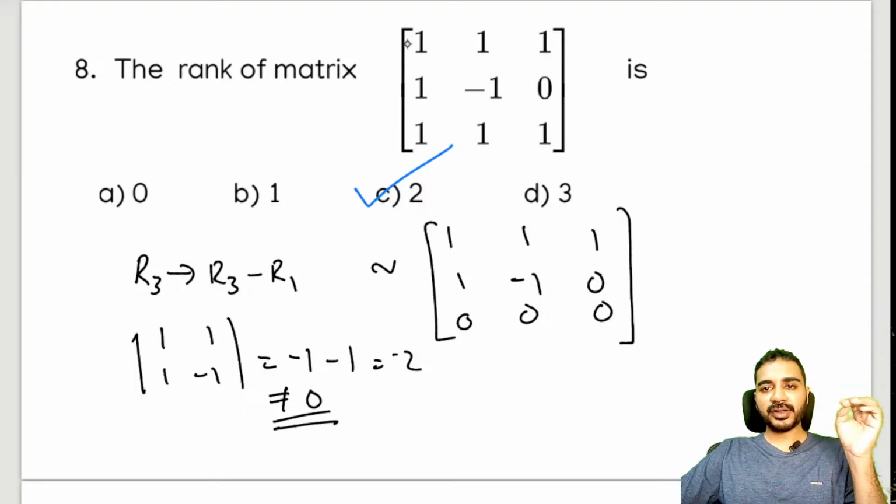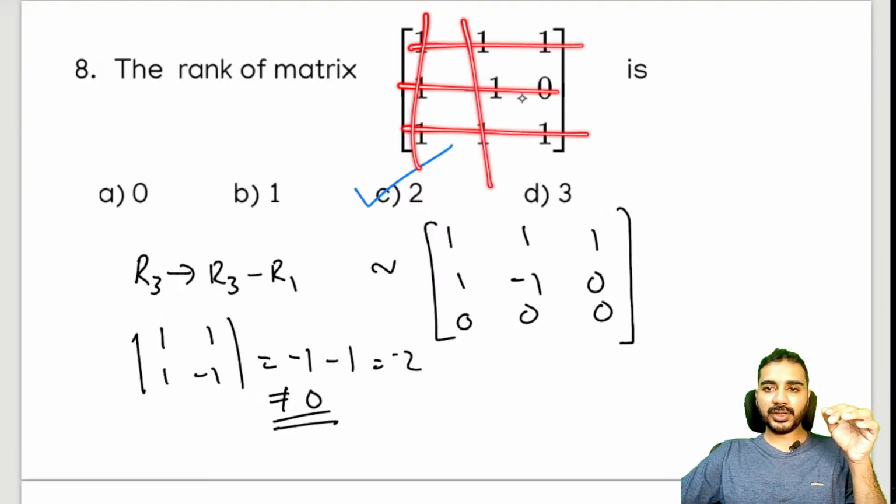Okay, rank of matrix is nothing but first we need to consider all this matrix together, so calculate the determinant. If determinant is non-zero, the rank is 3 here, since we are considering a 3 by 3 matrix.